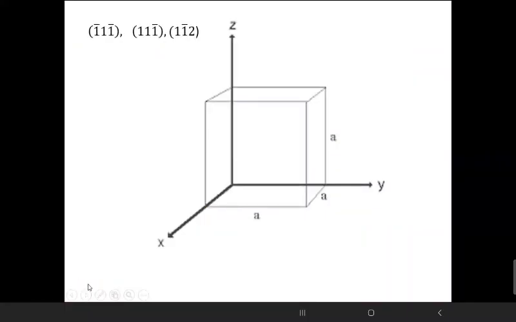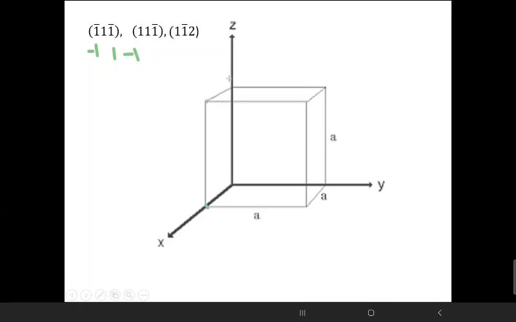Now you need to draw bar 1 1 bar 1, 1 1 bar 1, and 1 bar 1 2. We will discuss these as well. First we will draw bar 1 1 bar 1. You have to change the axis for the x direction and also the z direction. If you take this as positive but you need negative, we will take this as our origin.